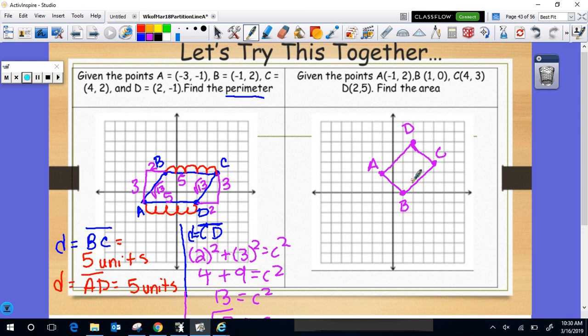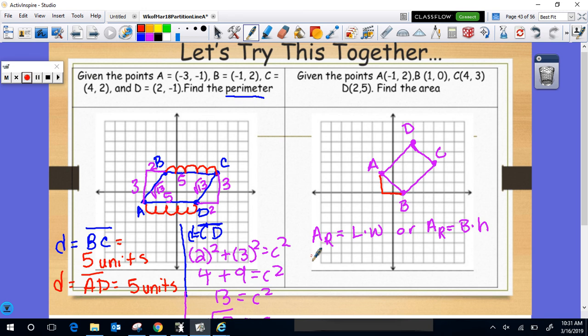We can do it, but I think we would create more work for ourselves. The area of a rectangle equals length times width, or you can use base times height. And that's going to be either this side or this side. So what you can do is use the Pythagorean theorem and find the base and height.